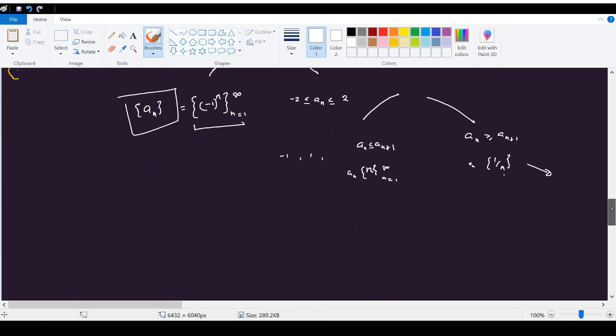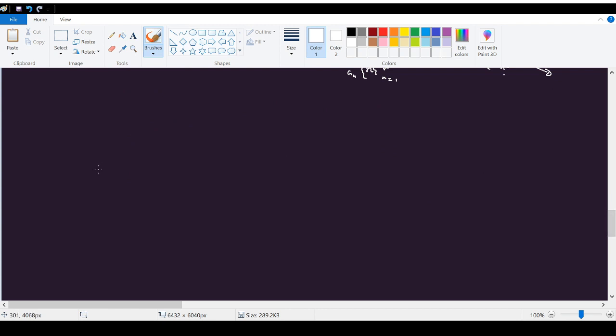So we cannot apply the monotonic sequence theorem for that sequence, because although it is bounded, it is not monotonic. But if a certain sequence has both those properties, we can safely say that such a sequence will converge. Now, for example, we already calculated the limit of this sequence as 1, so from that data itself you can say that the sequence converges.